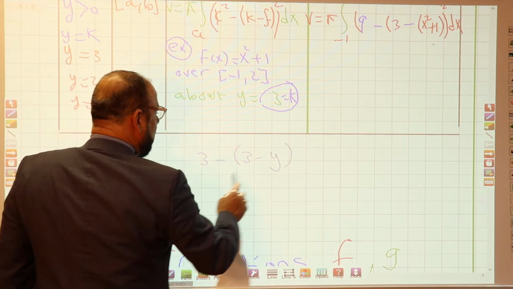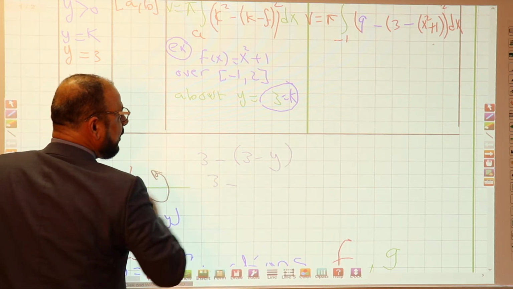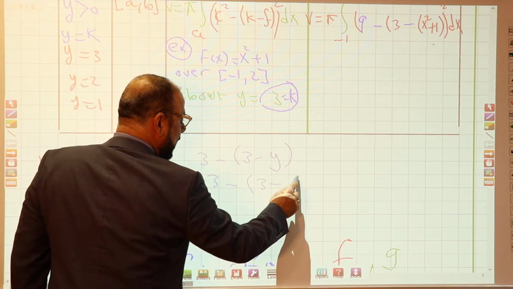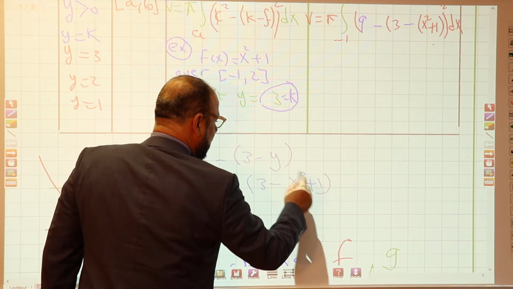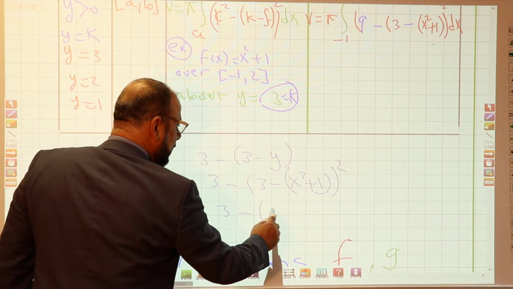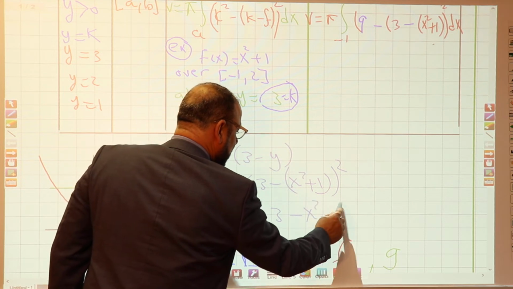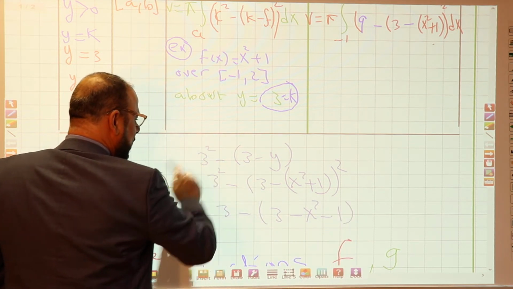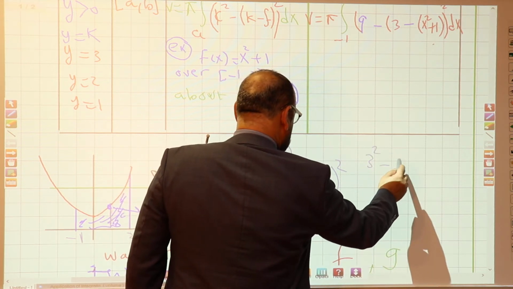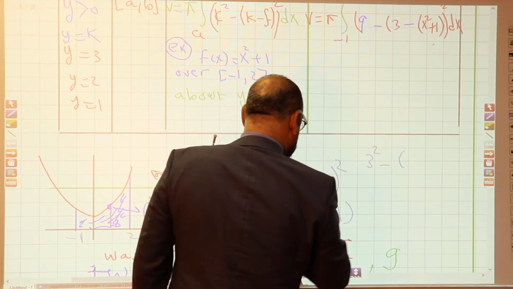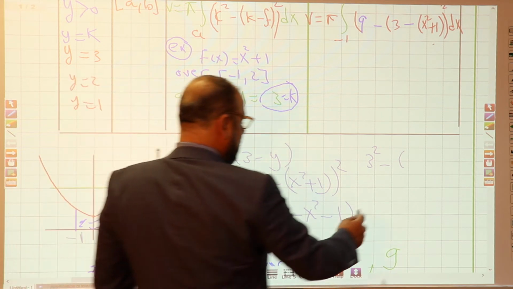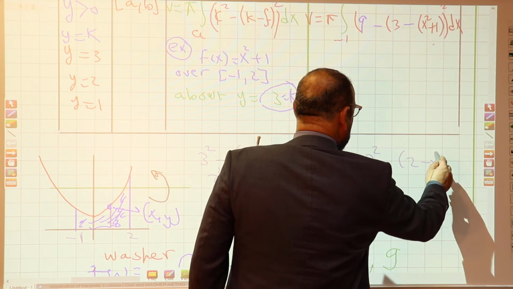3 minus Y. But Y is what? Y is x squared plus 1 in parentheses, so 3 minus x squared minus 1, which is 3 minus 1, 2, right? 2 minus x squared.